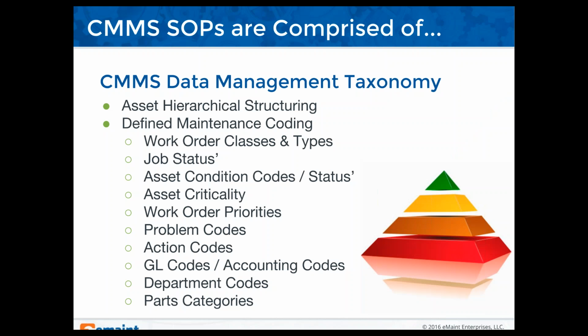So in relation to taxonomy and SOPs and word clouds, defining what we mean by assets, equipment, classes, parts, various attributes on a work order, the various attributes on an asset form. All of these built into an upfront definition of what we call the data management taxonomy.